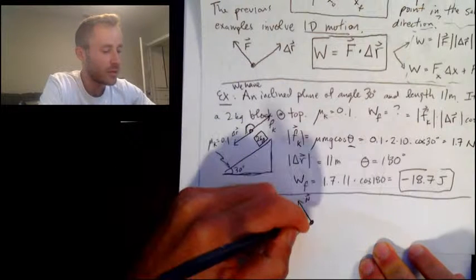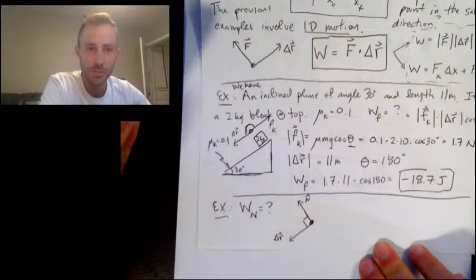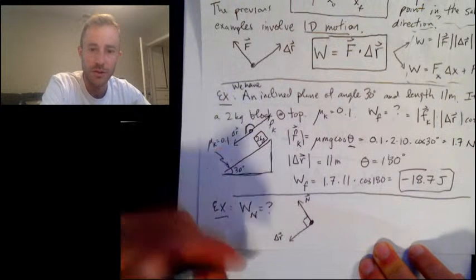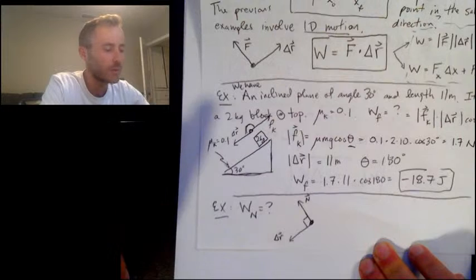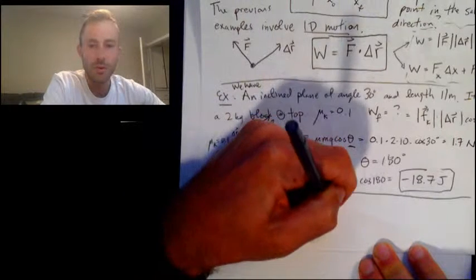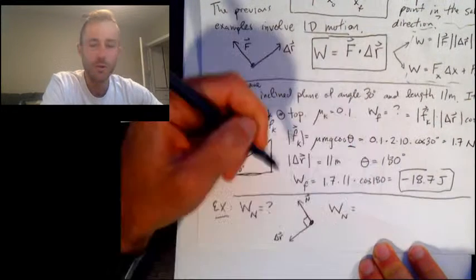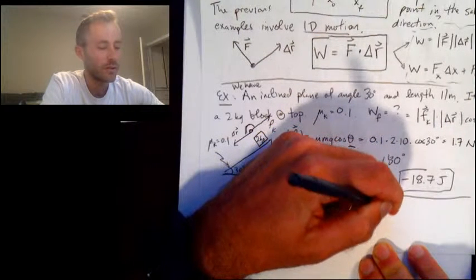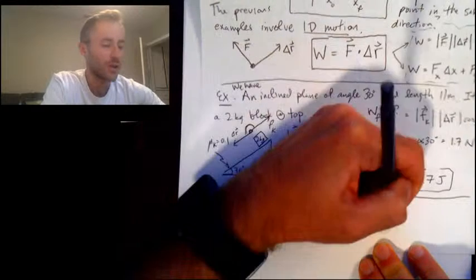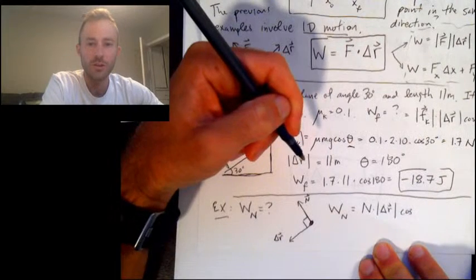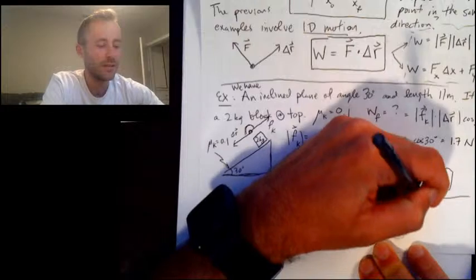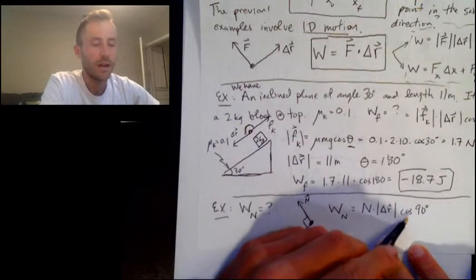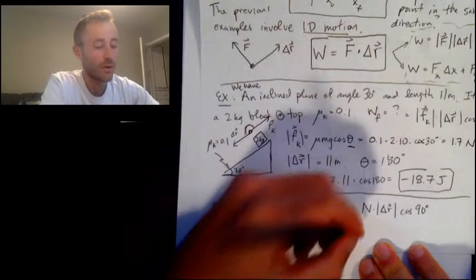The angle between them is 90 degrees, because the angle between perpendicular to a surface and along a surface is 90 degrees. So that's our theta in the formula for work. When we use this equation for work, force times displacement times cosine of theta, we're going to use the cosine of 90 degrees, and the cosine of 90 degrees is 0.